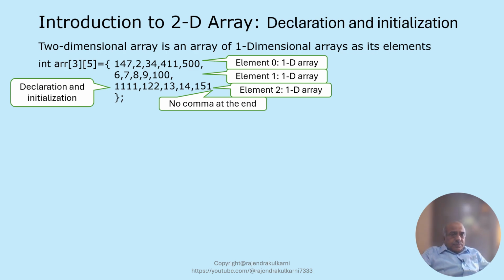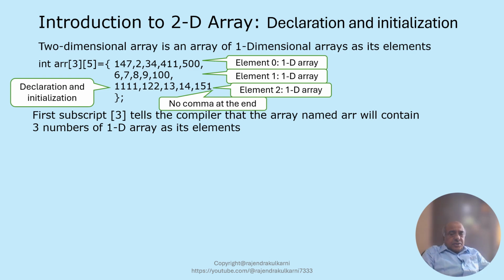Each constant which we want to assign to an element of the array is written with commas in between, and the last element which ends the initialization does not contain a comma, no comma at the end.